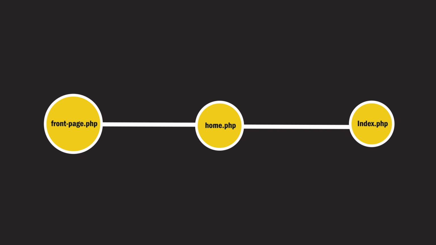Now let's take one more example to understand this template hierarchy more easily. Let's say you want to modify the display of a specific individual post in any post type. If the post type is review and the post slug is phone, then WordPress will look for a single-review-phone.php file.